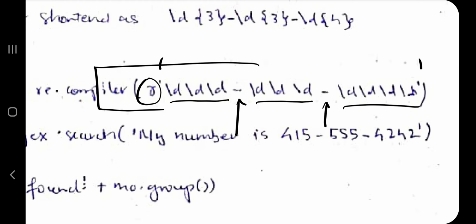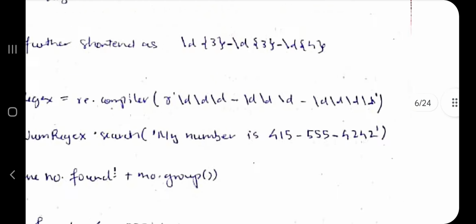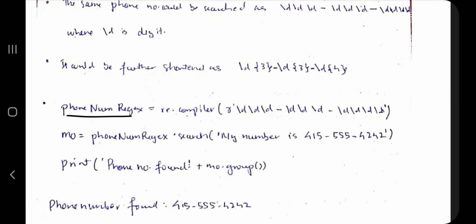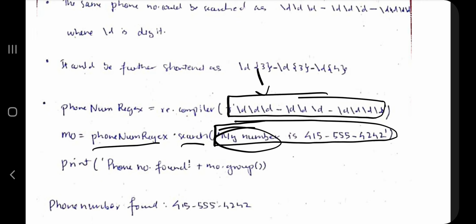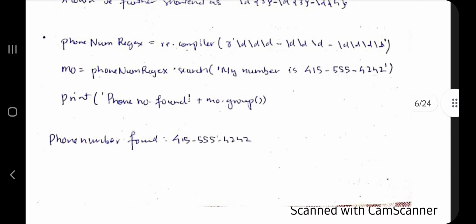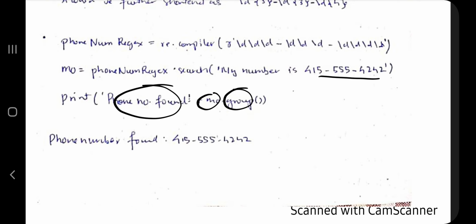Now the compiler will save this format in the phone number regex. Then phoneNumRegex.search is called, the text is sent here, and it is compared with this regular expression. Whichever text satisfies the whole regular expression will be returned in mo. Whenever I get an answer from the text, it is stored in mo, and I can print it with mo.group, which prints the whole phone number.